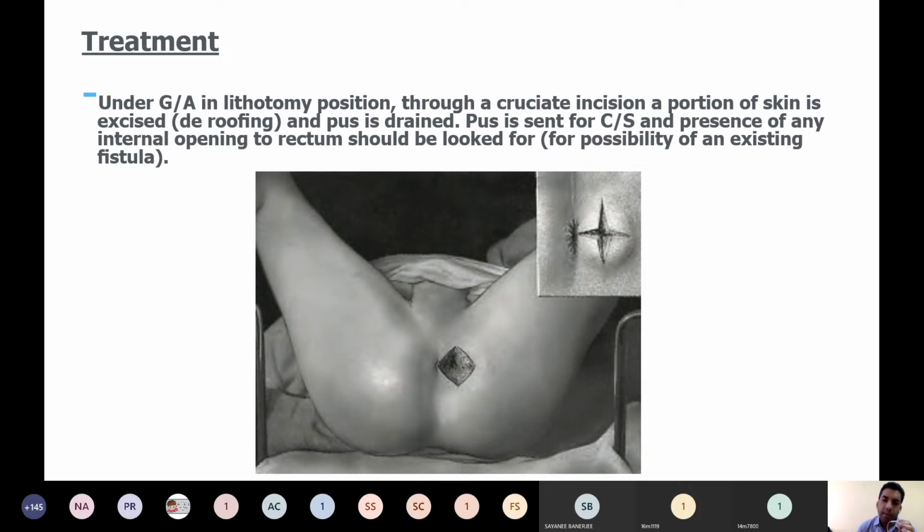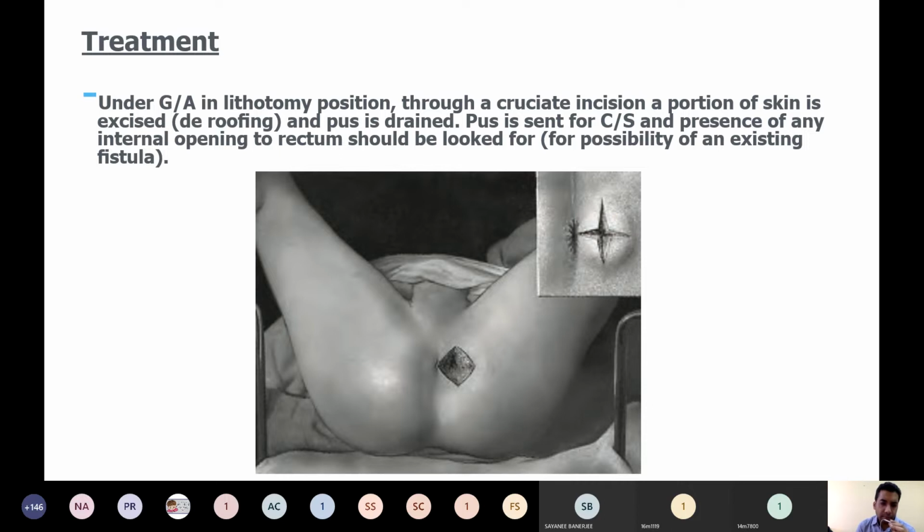Suppose that happens, then there is a cavity left behind, and again there will be accumulation of debris and abscess in that cavity. Again there will be a new opening somewhere else, or through the same opening there will be discharge of the collected abscess. So this leads to recurrence. Hence we have to excise a bit more of skin and subcutaneous tissue, and we expect it to heal as late as possible.